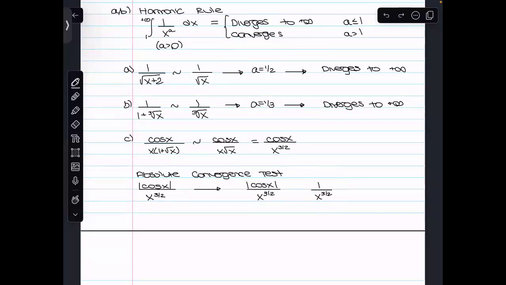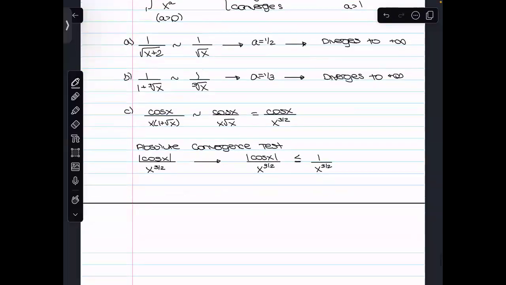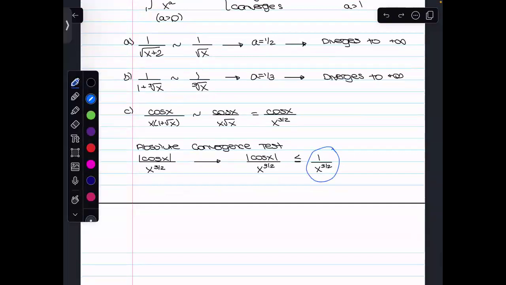So if we know that this is between 0 and 1 in absolute value, then this is smaller or equal. And since this is bigger, and we know that the integral of the bigger one converges, then we can guarantee that also the smaller one converges as we expected.